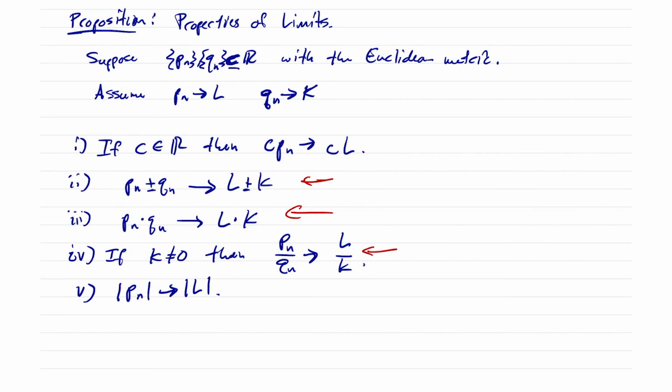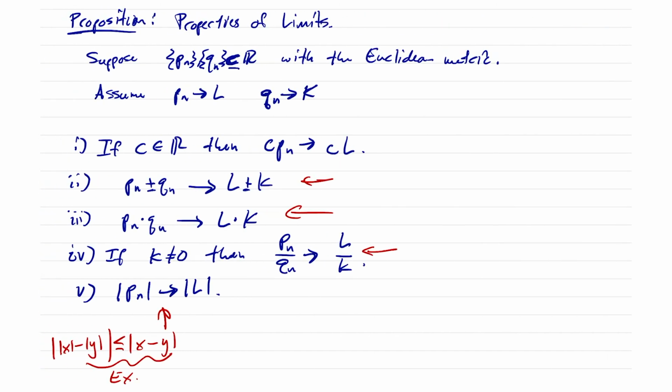This guy follows pretty quickly, just because the absolute value of x minus y bounds the absolute value of x minus the absolute value of y. And so I'll probably make this an exercise to demonstrate that, and then you can prove 5 here. Okay, so let's go ahead and start off with the first one. Let's do this in green. So proof of, say, 2.